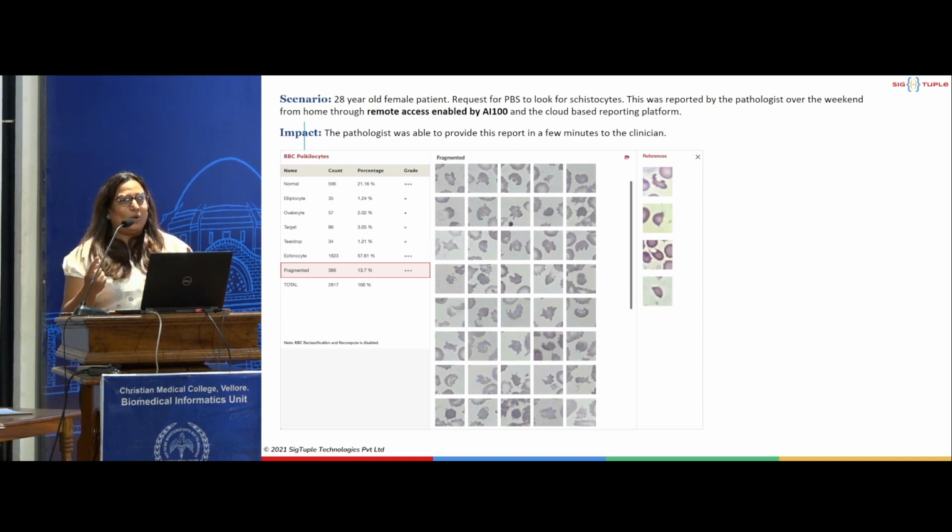I think there will be one pathologist for the entire center, working all round. So at 12 o'clock at night, the technician calls and says, we have the sample. Then the pathologist runs back to the hospital to see the smear and check whether schistocytes are present. This is one case where schistocytes were seen, and the diagnosis was given.